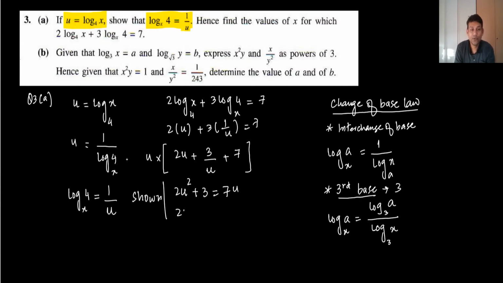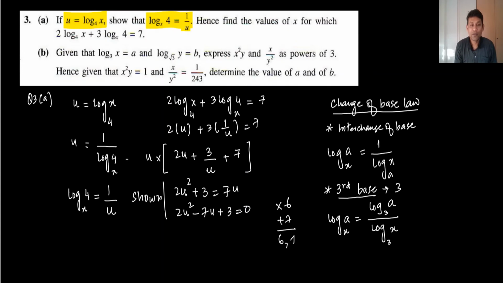So 2u squared minus 7u plus 3 is equal to 0. 2 times 3 is 6. Multiply to get 6 and add to get 7. I made a video on breaking the middle term about 2 days ago, so you can check it. Multiply to get 6 and add to get 7 means the factors are 6 and 1.